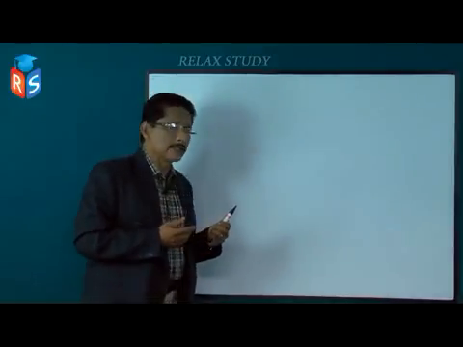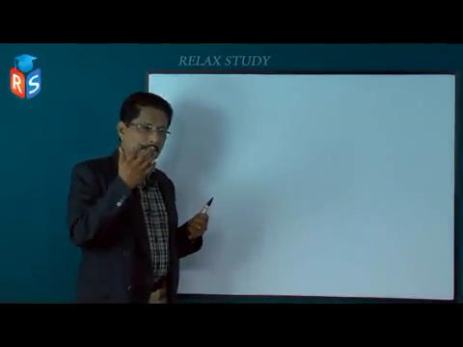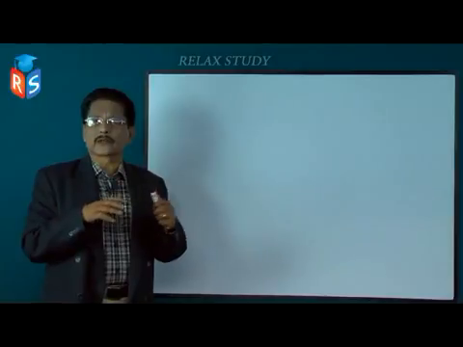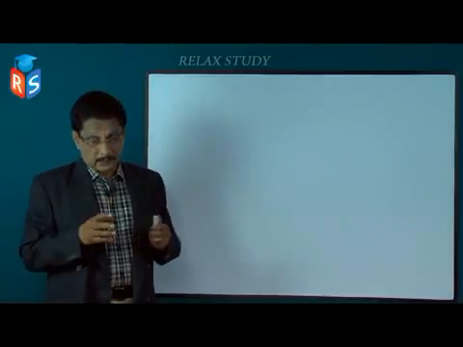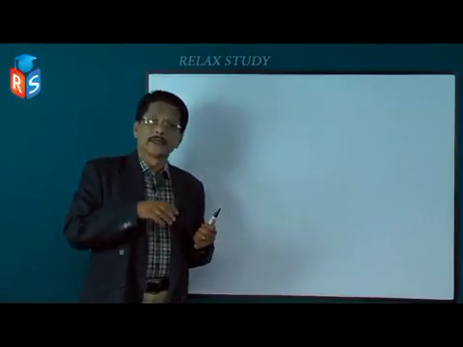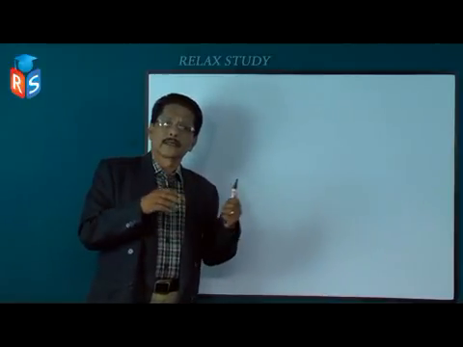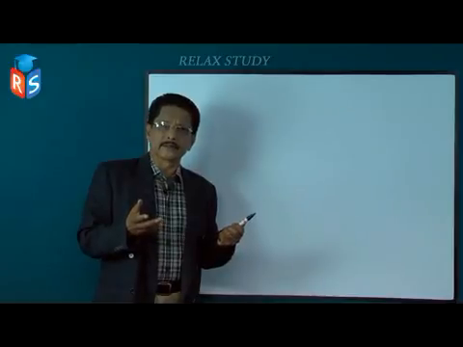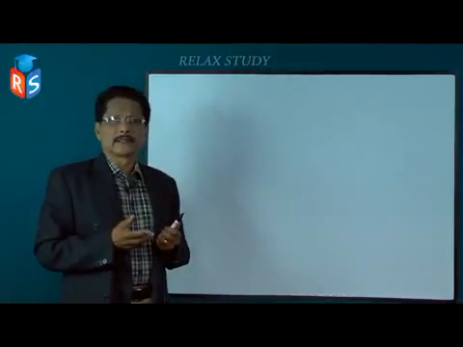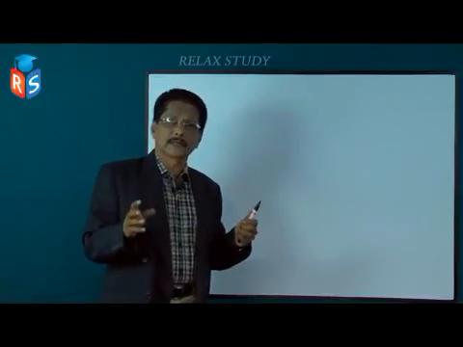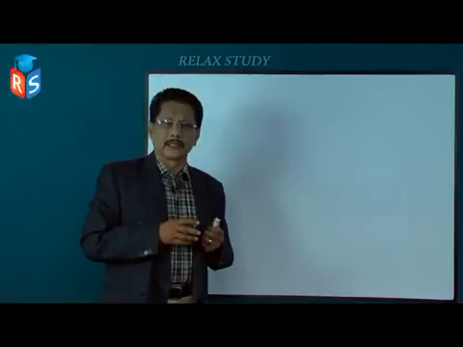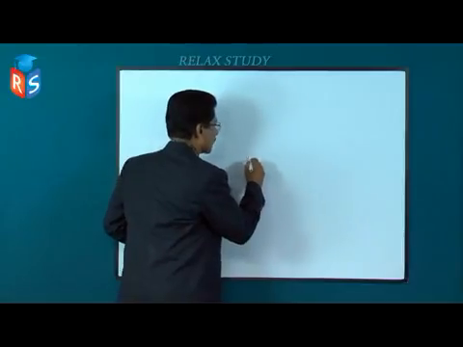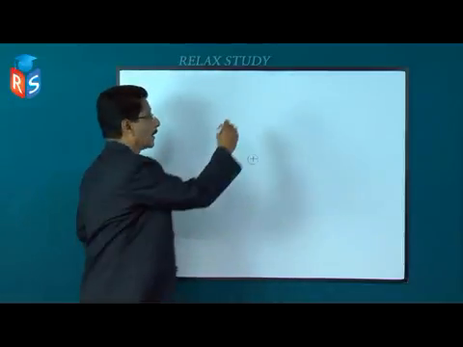Now, certain properties like diffraction, interference, these are properties which cannot be explained by the particle nature of light or electromagnetic radiation, while on the other hand, properties like blackbody radiation and photoelectric effect can be explained only by the particle nature of light and not by the wave nature.